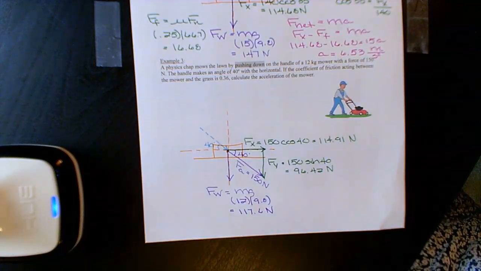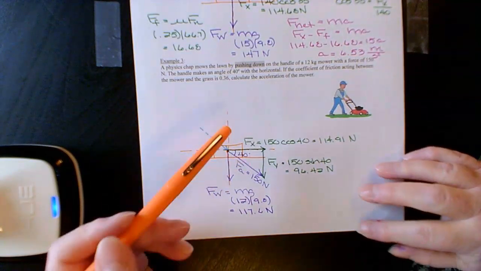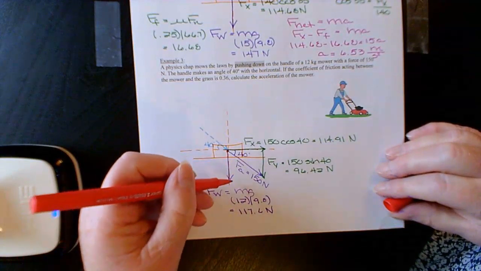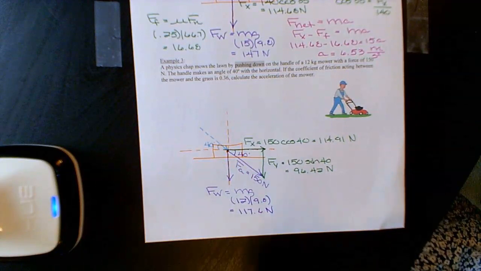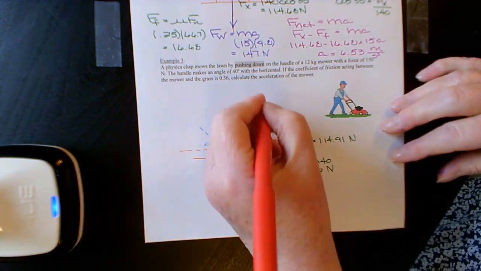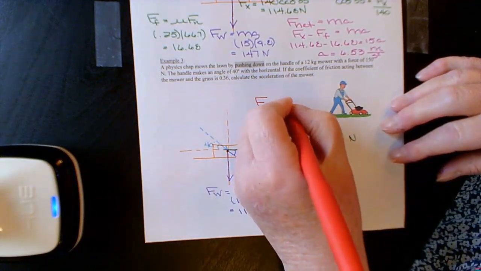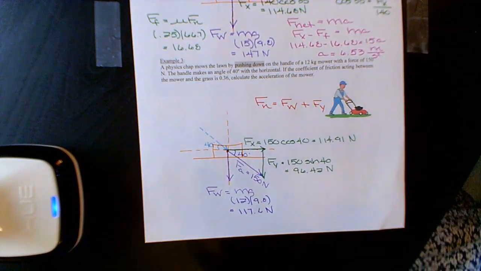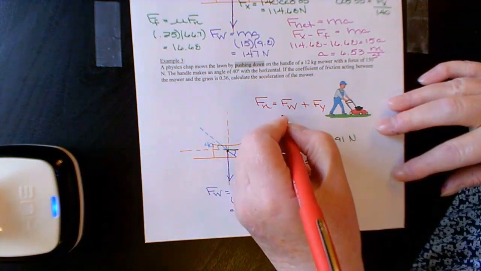All right, let's talk about Fn. Fn is the force that a surface presses back up. So what's pressing into the surface? We have Fw pressing into the surface, and we also have this y component pressing into the surface. So Fn in this situation is we have two things that are pressing down. So I'm going to add them together, and then that's what the surface is going to press back.